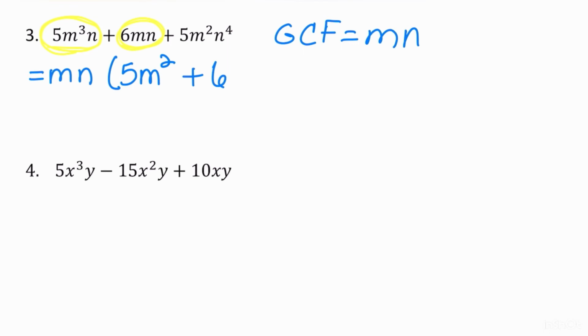So I keep going. The last one is 5m squared n to the 4th. So I'm left with plus 5m, because I used to have 2 of them, and I took out 1. N to the 3rd, because I used to have 4 of them, and I took 1 out. And that is going to be my final answer.